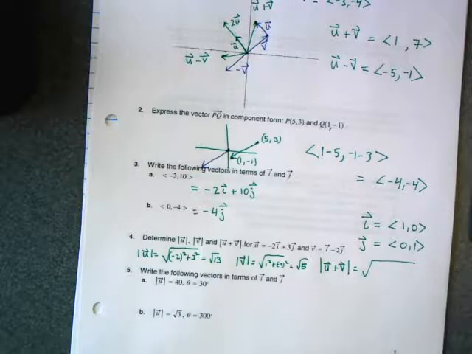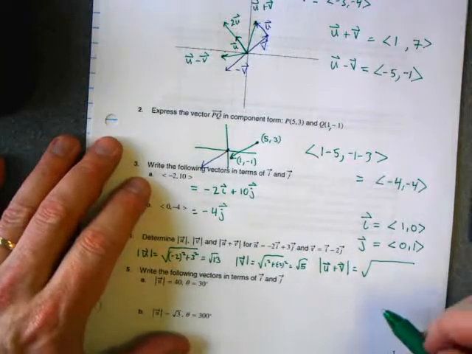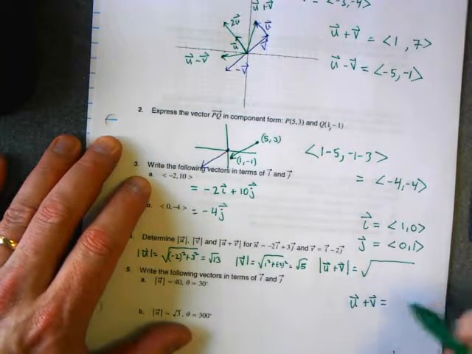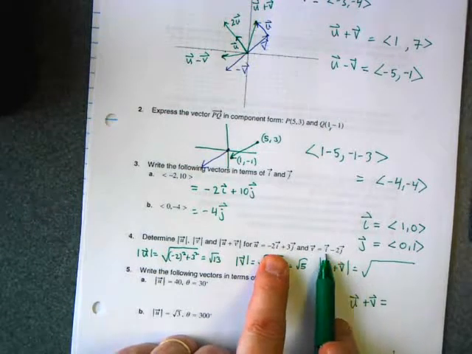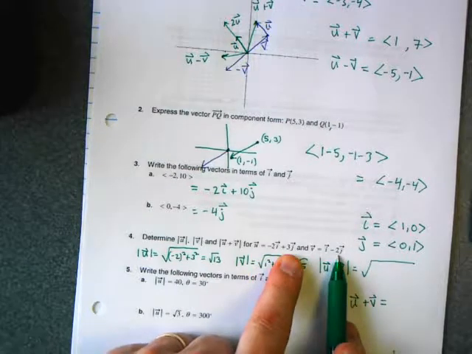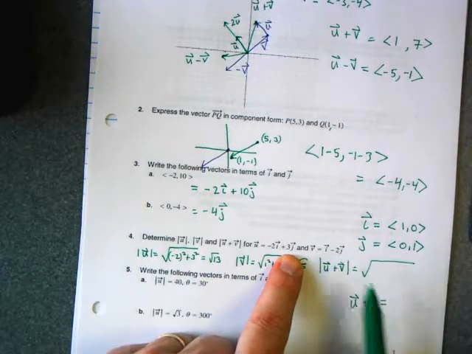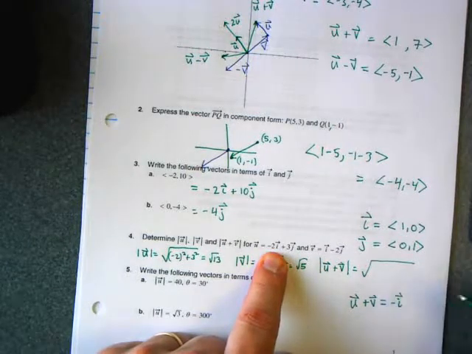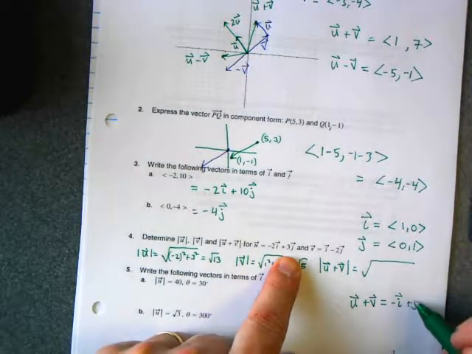Not find each individually. Add them first. What is u plus v? How do I add two vectors written this way? It's as easy as you think. Add the i's and add the j's. That's right. So u plus v is the vector -i plus j.